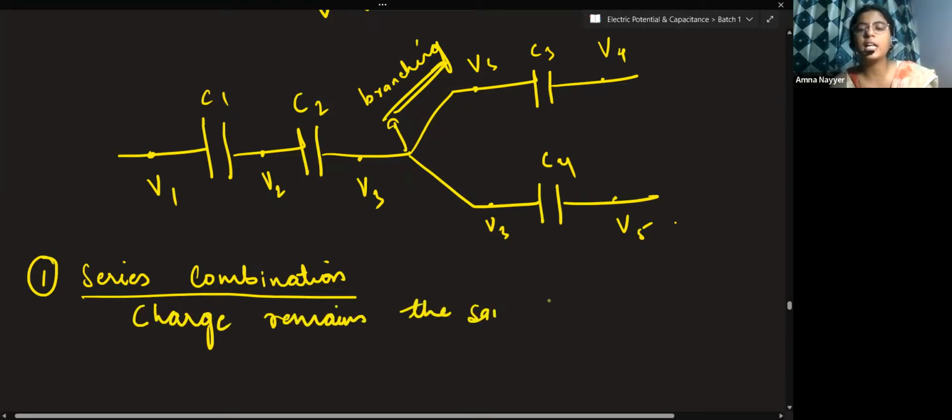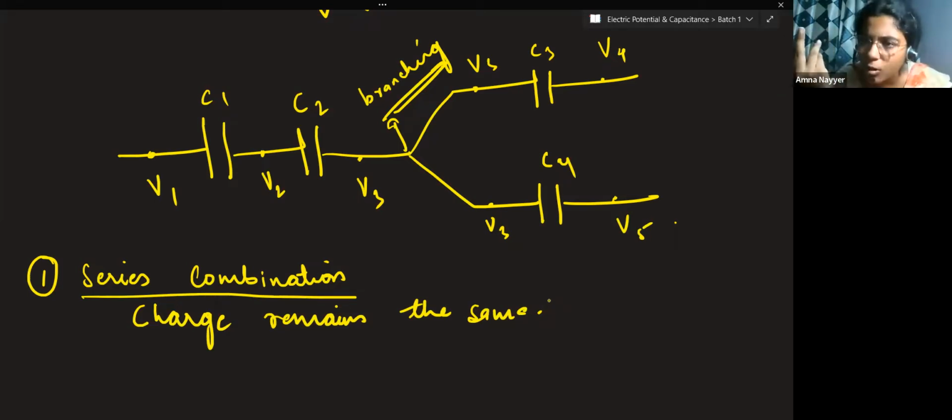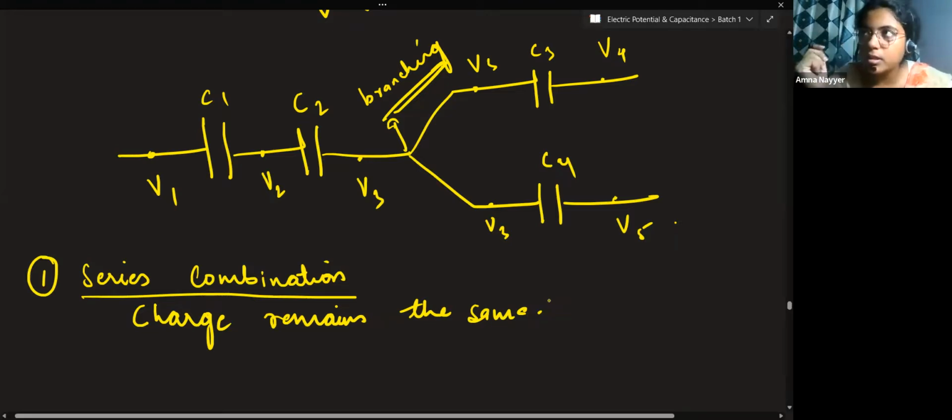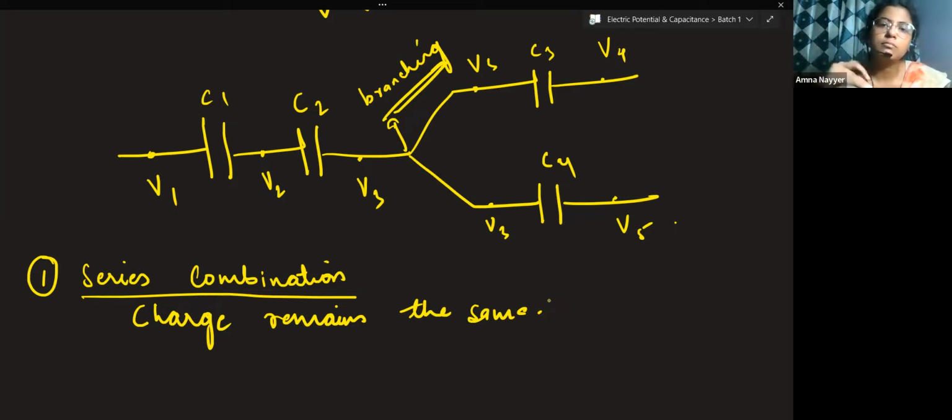This knowledge is helpful when you get different kinds of circuits and you're not able to identify whether it is a series combination or a parallel combination. So look at the charges. If you see charges are the same, then you can directly say the series combination exists.